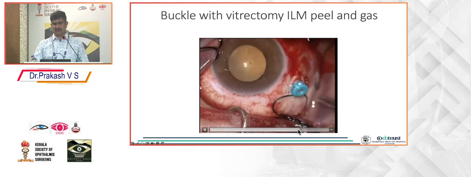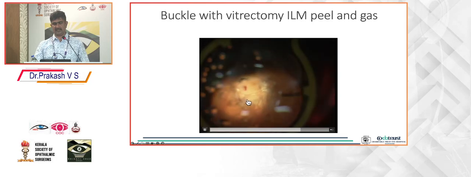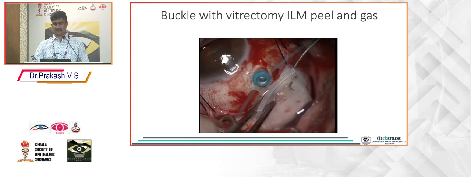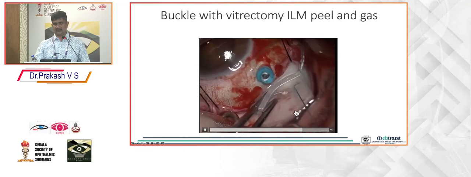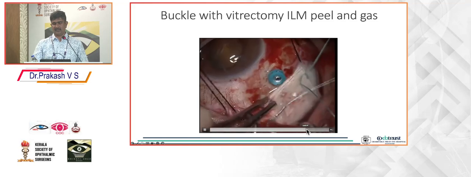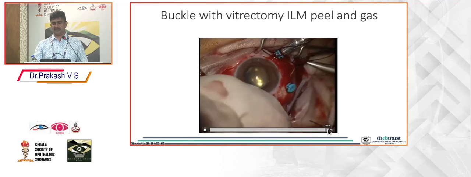You can see the mound developing. The buckle is positioned. You can see the mound where I am placing the buckle. Once you confirm the position of the buckle, it is sutured onto the sclera, and the 240 element is tightened so that it is held from the other side also. After that, it's only a routine surgery. You do a fluid air exchange and put C3F8 gas.